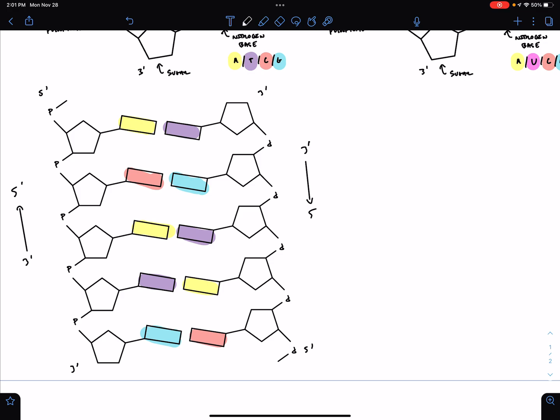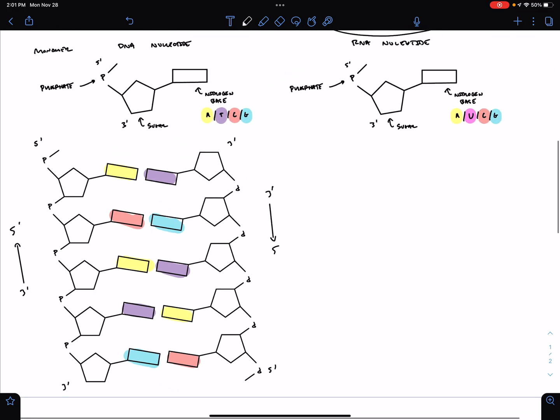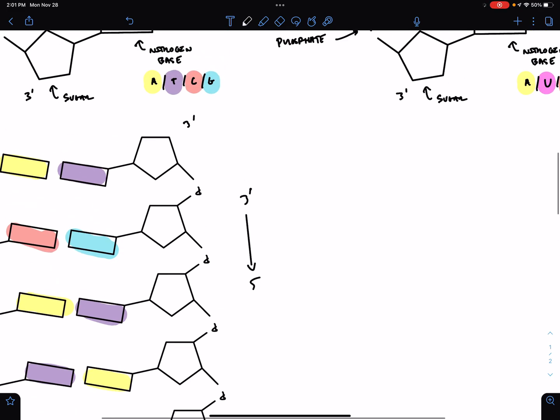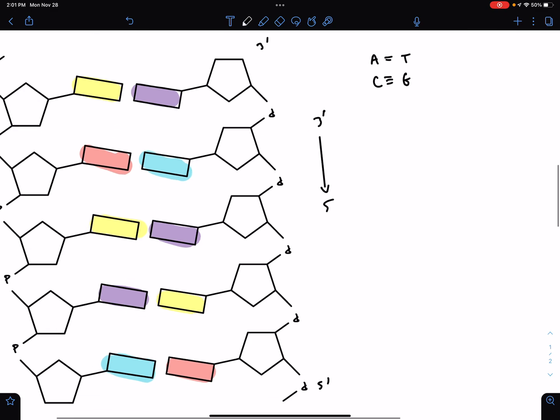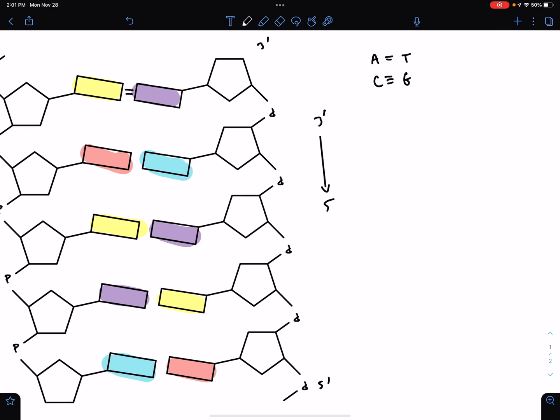A always binds to T, and C always binds to G. And the way that they bind is A binds to T with 2 hydrogen bonds, and C binds to G with 3 hydrogen bonds.